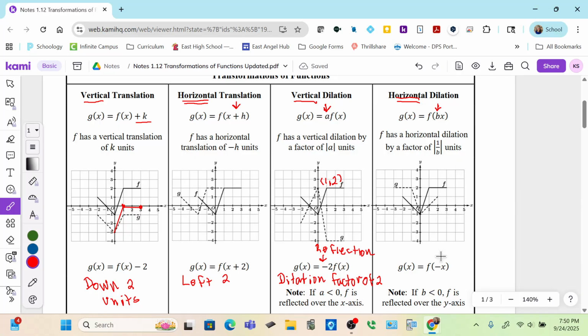Now, we also have a negative on this one down here, so we don't really have a dilation happening. What we have instead is a reflection over the y-axis.